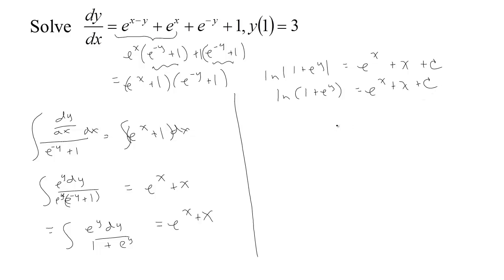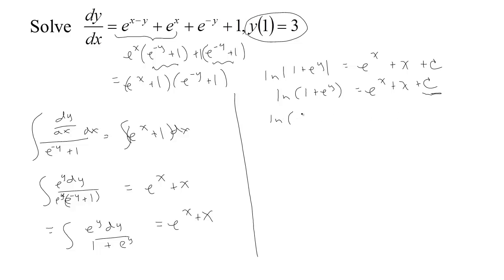Now at this point, I would solve for y. However, I have some initial data that I could use here. So my initial data says that when x is 1, y is 3. So since I have the constant almost alone here, now's a good time to find that constant.